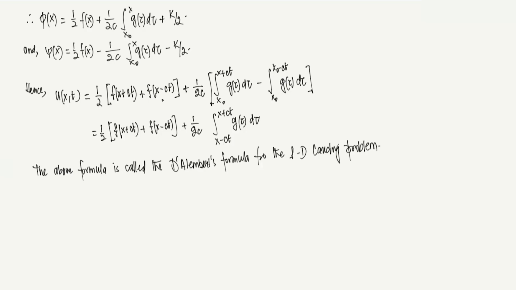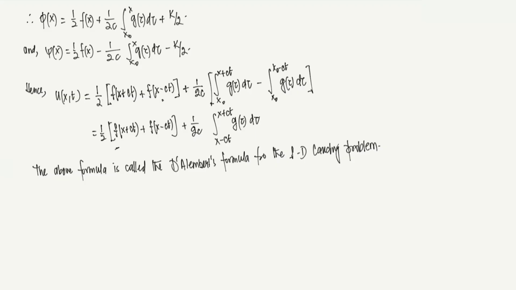Is it okay? Right. Now that we have this, let us understand some basic ideas of the solution. So that's your solution, of course. Now, how do you know this is a solution? You can take this u of x, t and take the twice derivative with respect to x and twice derivative with respect to t, and you can see that they are essentially the same.